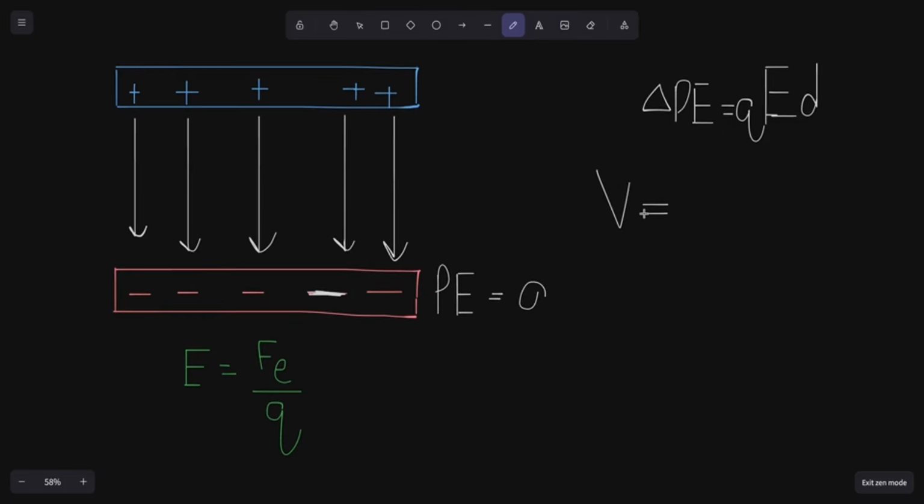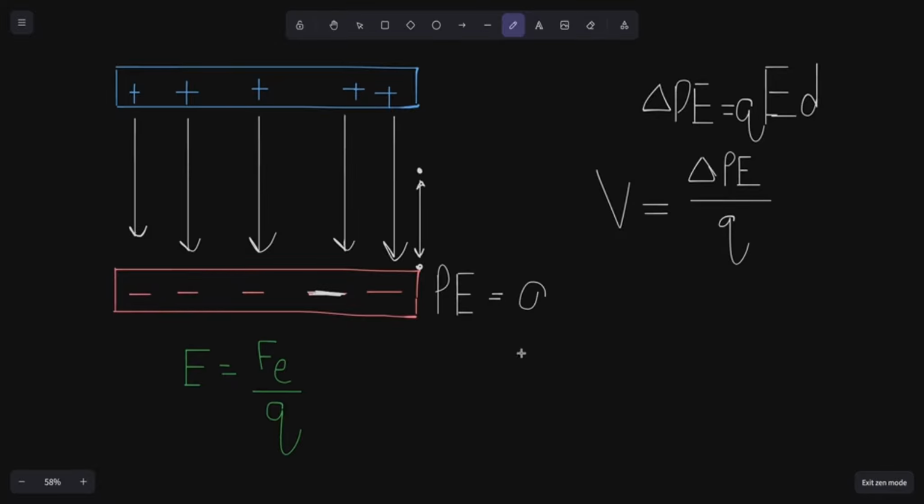And so the definition of voltage: you can think about it as a difference in electric potential. So what do I mean by difference in electric potential? Well, it's just going to be the difference in potential energy divided by the charge. So it's like the energy per charge, okay?